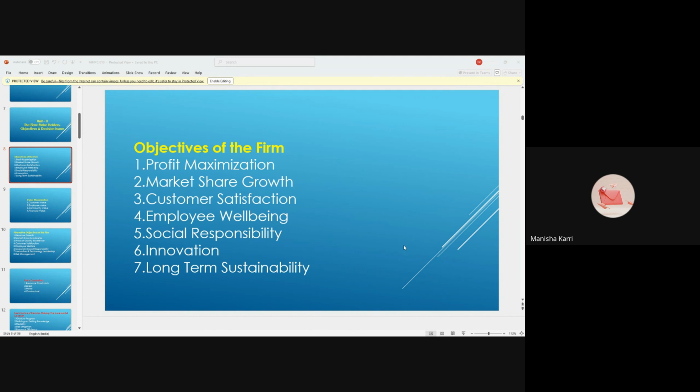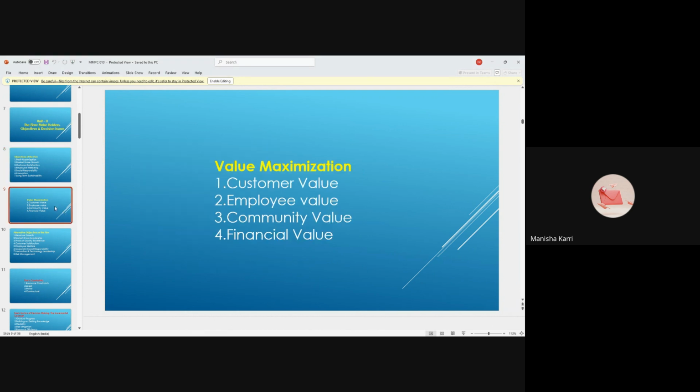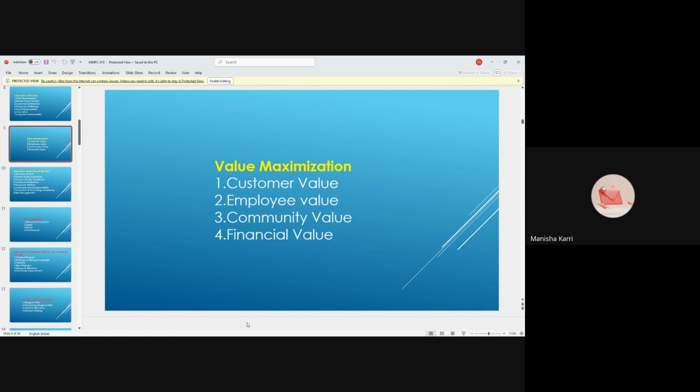Okay, coming to the next one, which is value maximization. What is value maximization? Generally, value maximization is a concept closely related to profit maximization, but with a broader perspective.